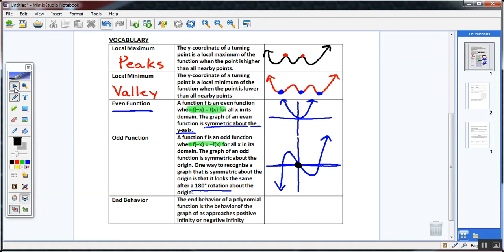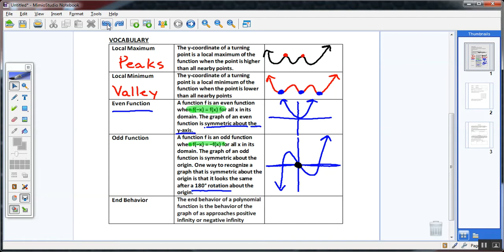Watch, let me try this. It's not going to be perfect, okay, but if I made half a turn with this graph, isn't it kind of the same? Then if I move it here a little bit again, doesn't that look kind of the same right there? Okay, so you get what I'm doing there? Okay, so odd functions. A function is odd if you can rotate it 180 degrees about which point?